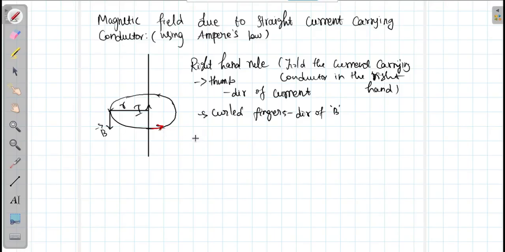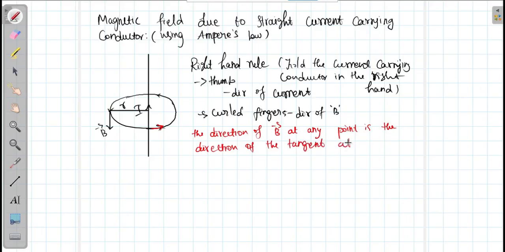The direction of magnetic field at any point is the direction of the tangent at that point.